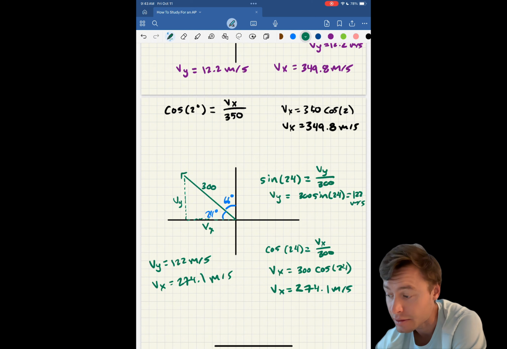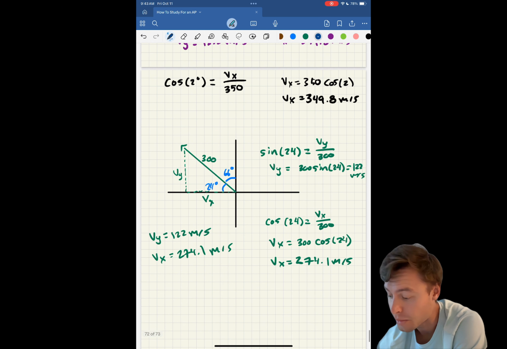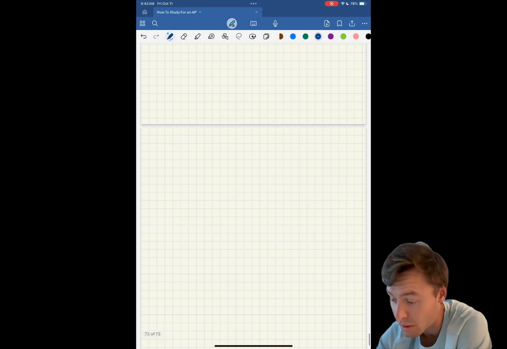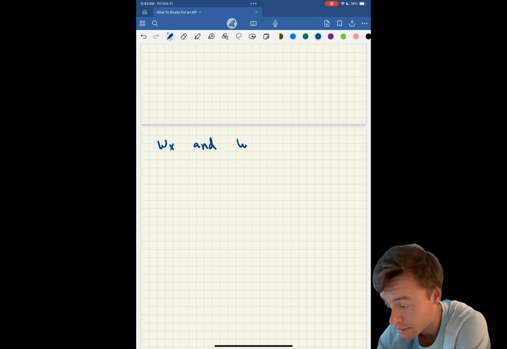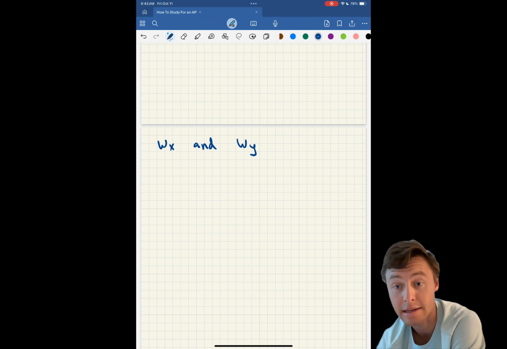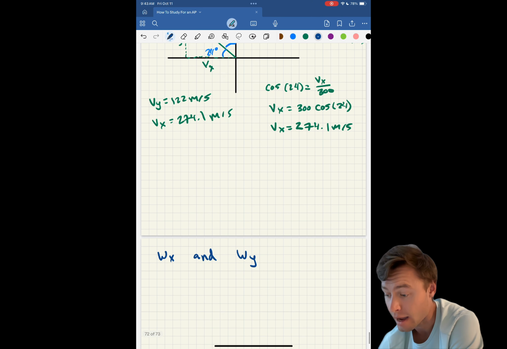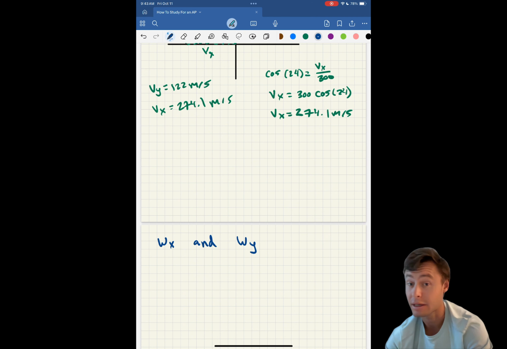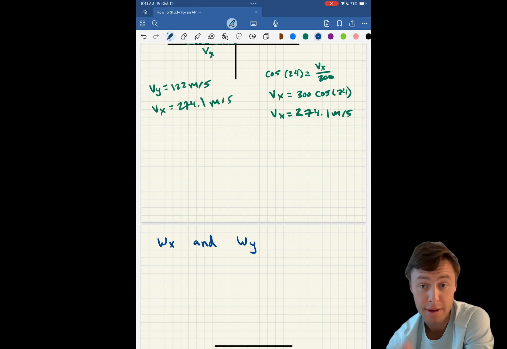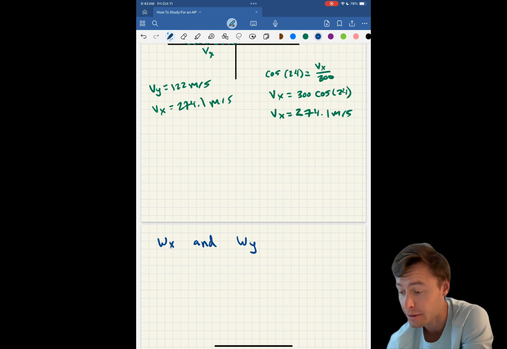So now what we need to do is figure out what are the horizontal and vertical components of the wind, where W represents the wind vector. Okay, and what do we know about vectors? That you can either add or subtract them to get from an initial vector to a final vector.